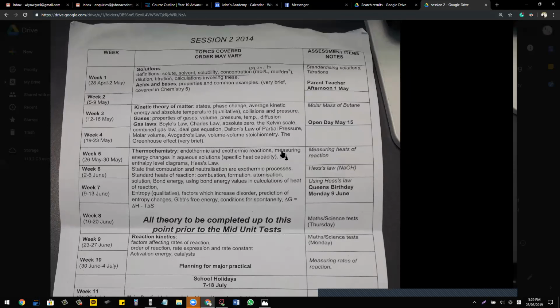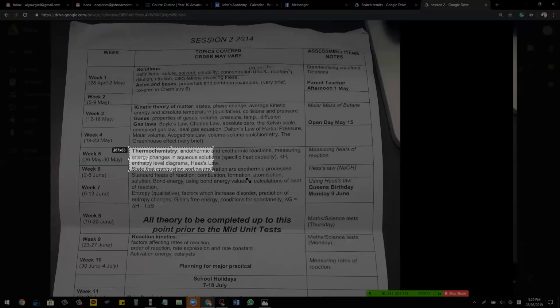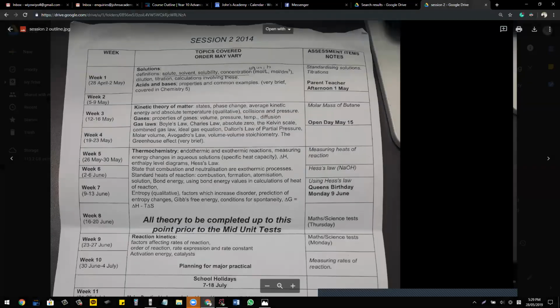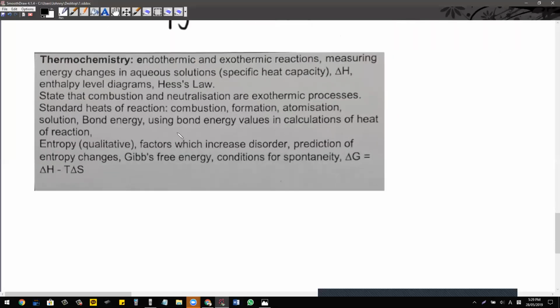We haven't got up to bond energy yet, but we're doing everything up to bond energy. Hess's law. Okay. So we're going to focus on these. We haven't done bond energy or entropy yet.